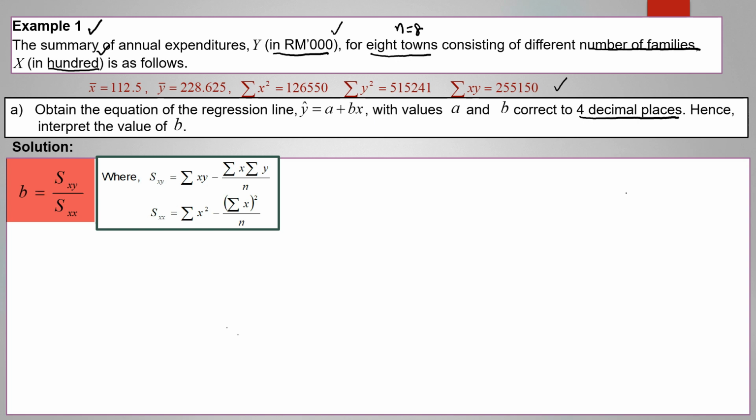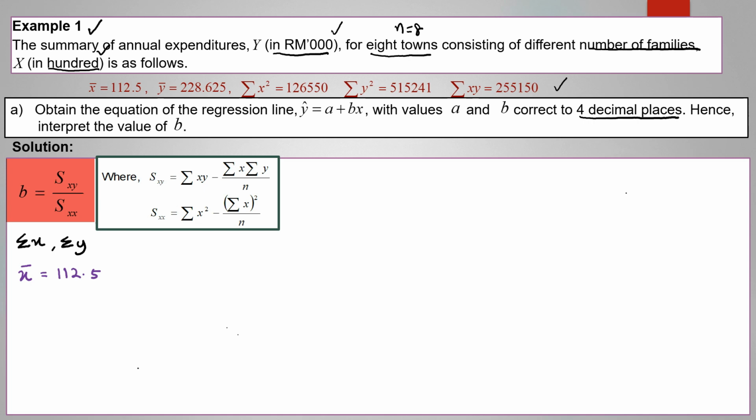First of all, you need to find the summation of x and summation of y because the question didn't give the values of summation x and summation y. From the information, we know that x bar is equal to 112.5.